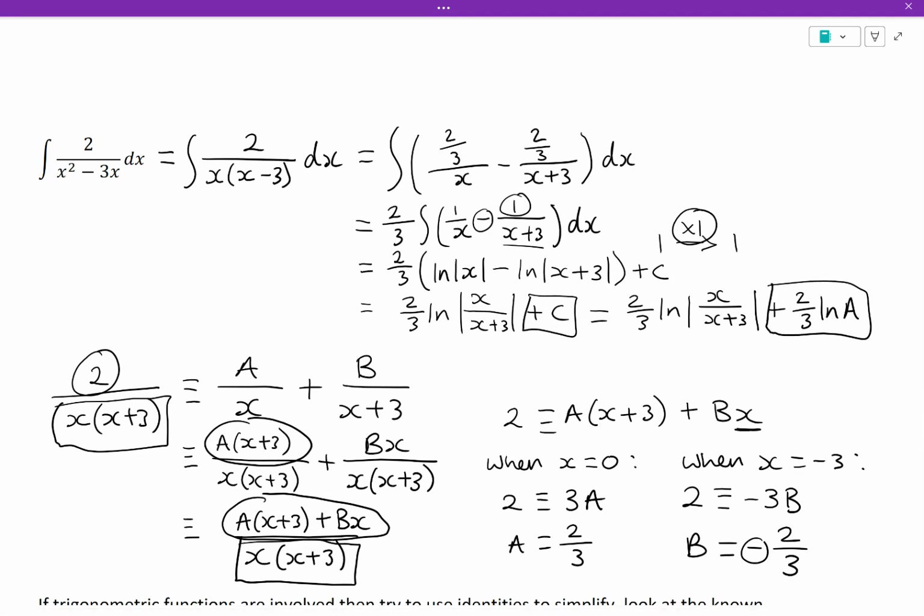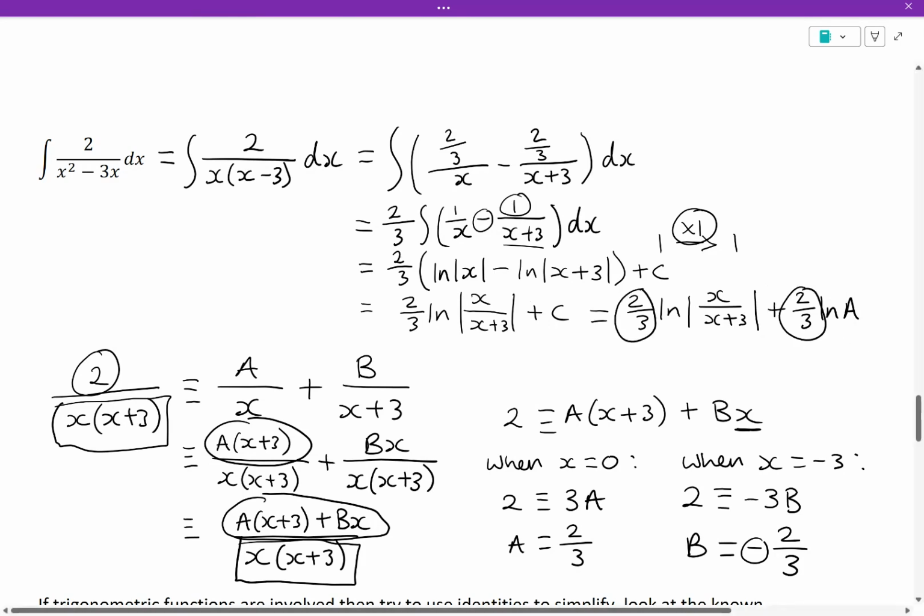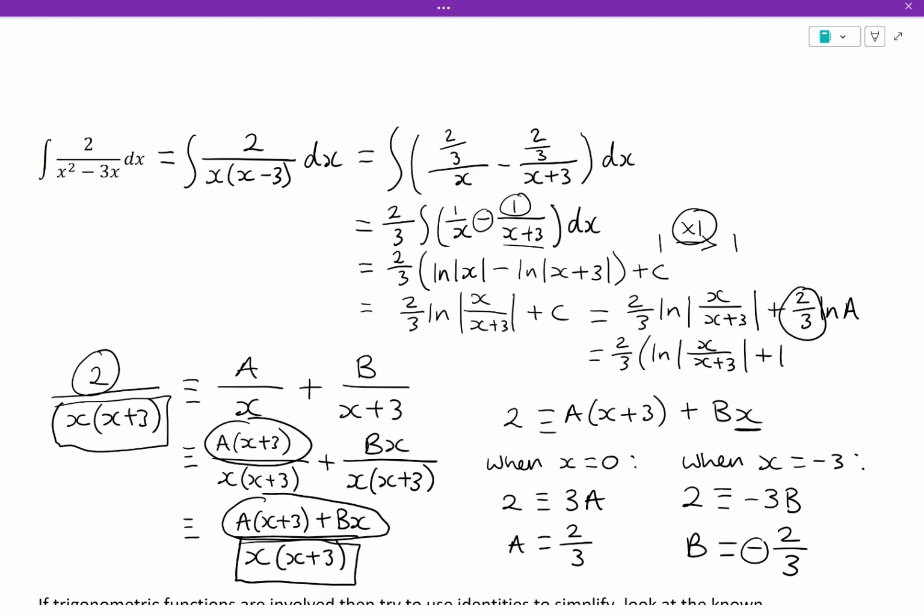Now the reason I've done it like this is because we've got 2/3 here and 2/3 there, so essentially we can factor that out. So we would have 2/3, and then in brackets, the natural logarithm of x over x plus 3, and then plus the natural logarithm of a, like that.